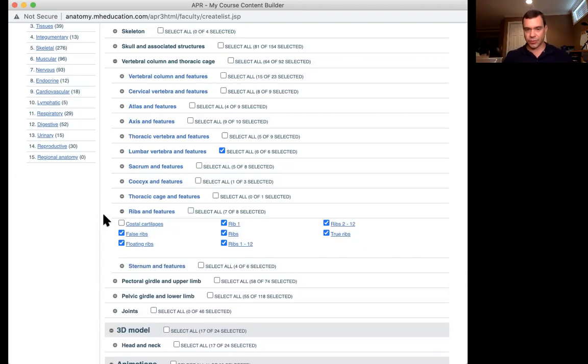When it comes to the ribs, there are pictures in APR that have it set up to where you can identify ribs 1 through 12. Rib 1 is vastly different than anything. I don't believe I have it in my box of bones, but rib 1 looks vastly different from a typical rib, and that's what you see right here.